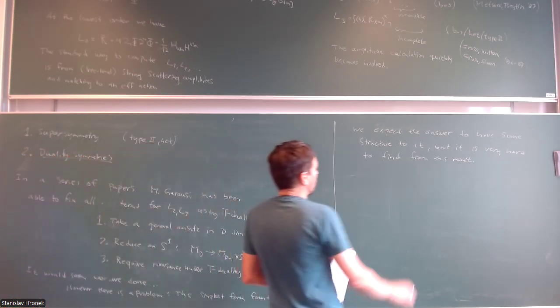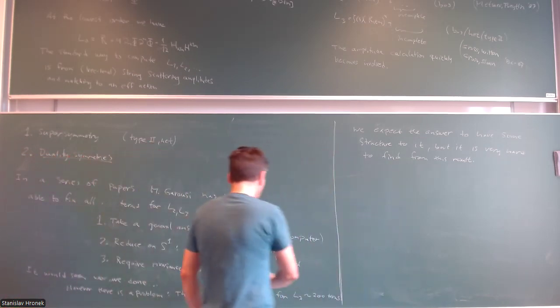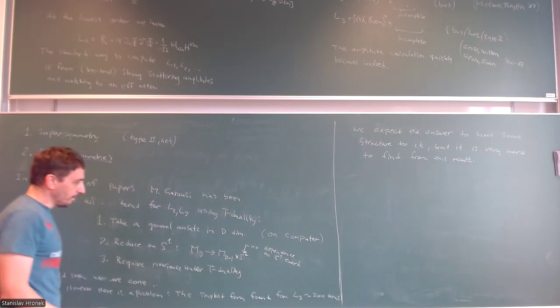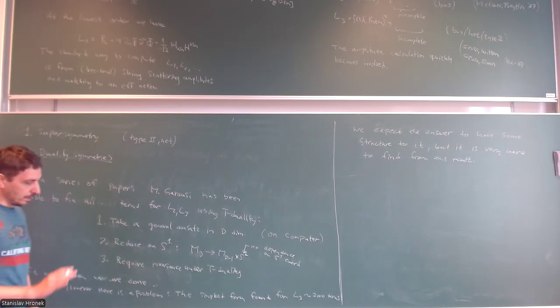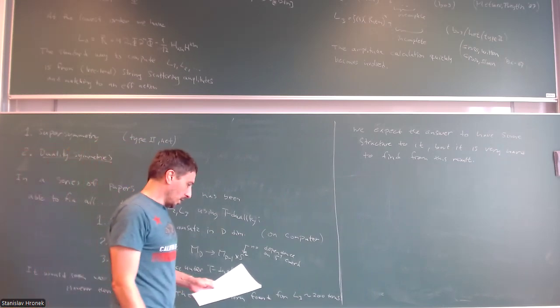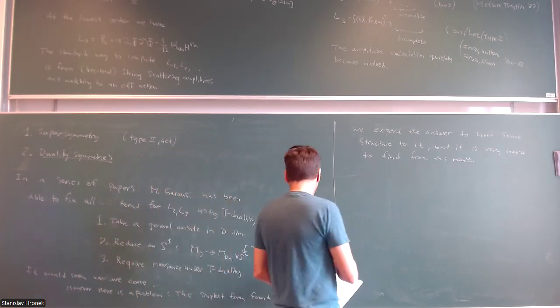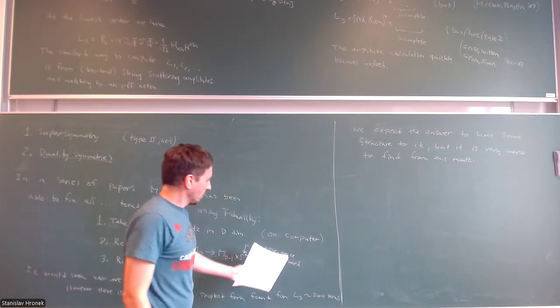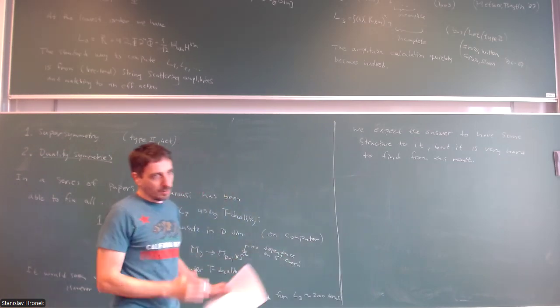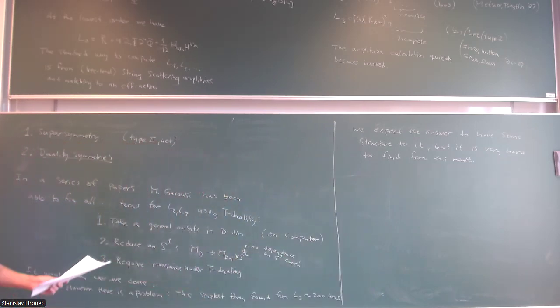Okay, so because of this, we're interested in trying to find some reasonable structure, if it exists. There's some reason to think that it does. And for this reason, we want to use a different approach, because the problem here is that we're relying on a computer, and you make some ansatz, but depending on how you take the ansatz and how you extract the result, the answers will differ wildly.